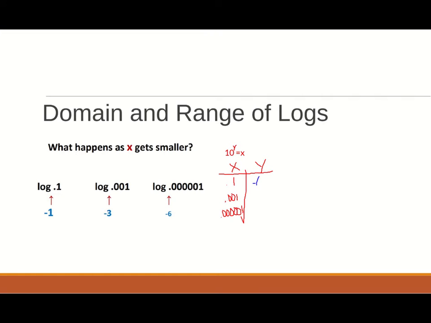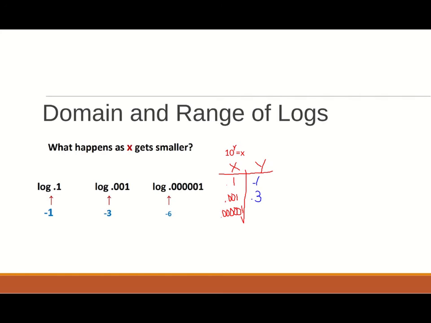And we can put that in our calculator. Then we can try 10 to what power equals 0.001? Well, that would be 10 to the -3, because powers of 10 are a little bit easier to work with. But we can see how now the y values are becoming negative.